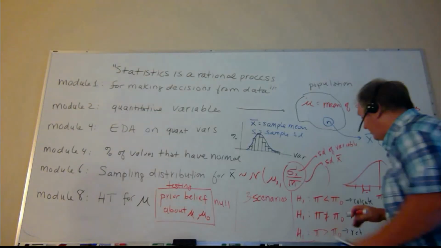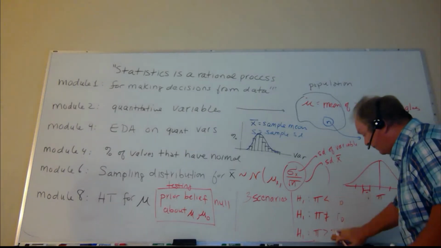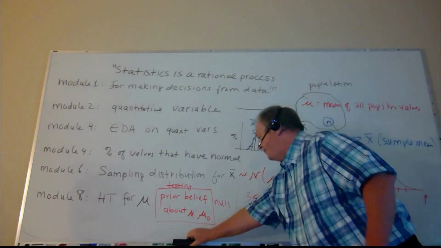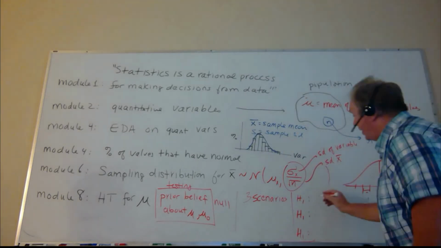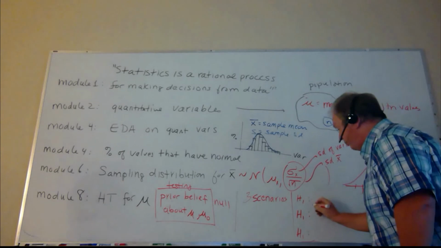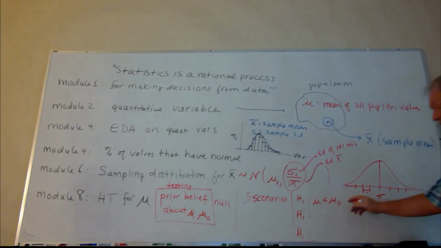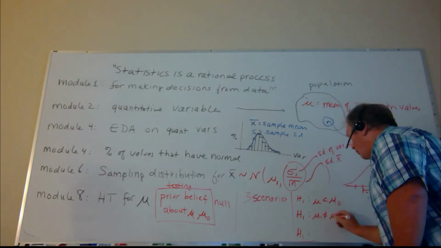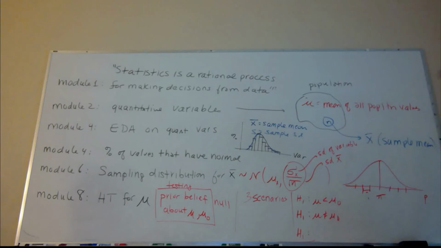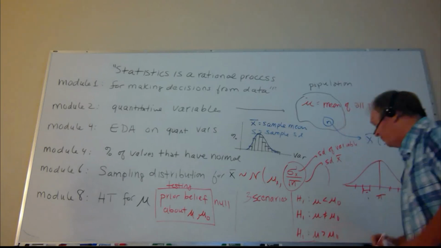Now we're testing to see if the mean, and not the population proportion, is less than our previously believed value, not equal to our previously believed value, or greater than our previously believed value.